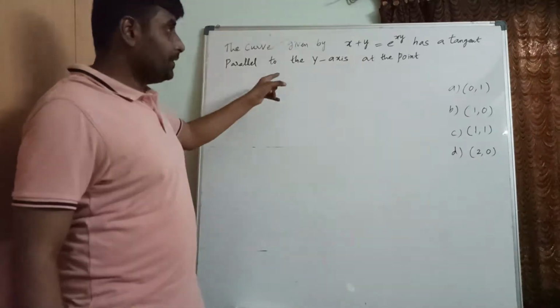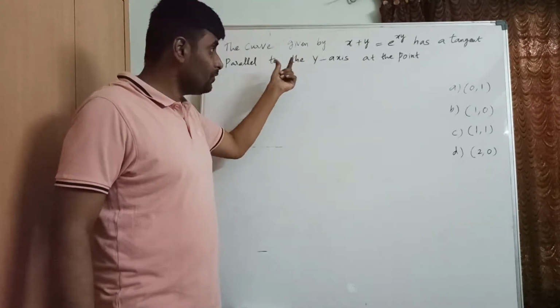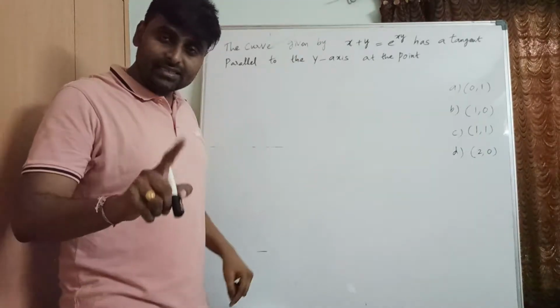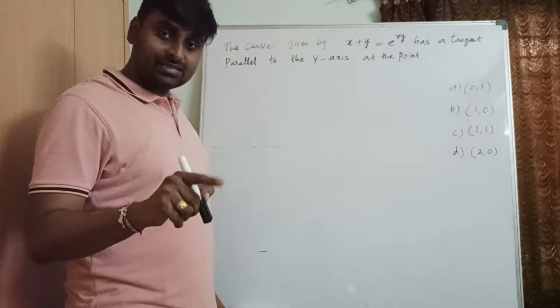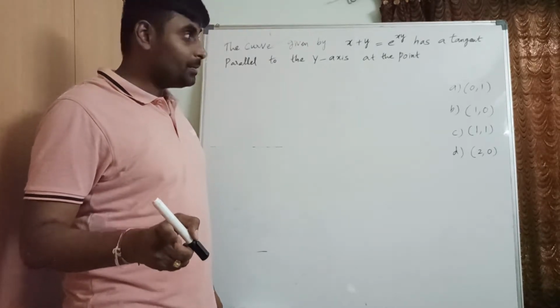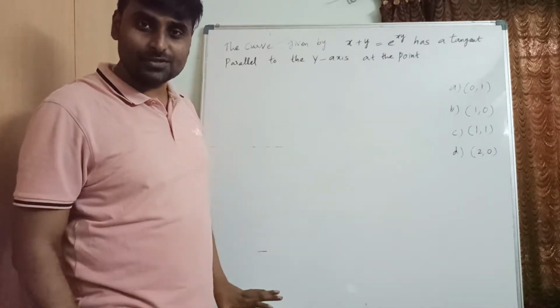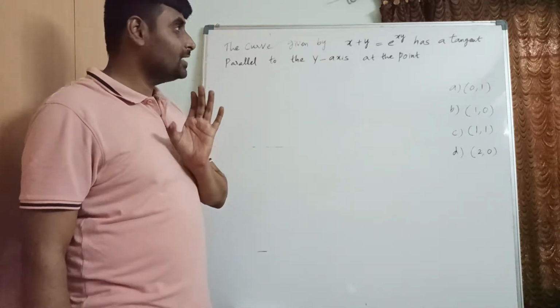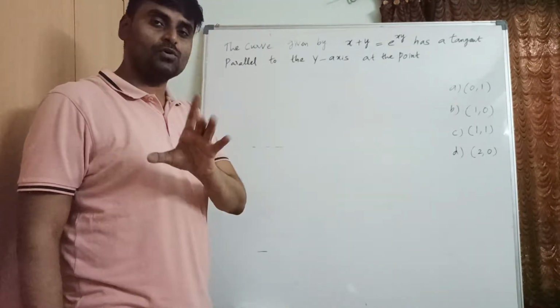Now, the tangent is parallel to the x-axis or y-axis. Whenever tangent is parallel to the x-axis, slope is 0, means dy by dx equal to 0. But whenever tangent is parallel to the y-axis, dx by dy equal to 0. It's very simple. Correct?